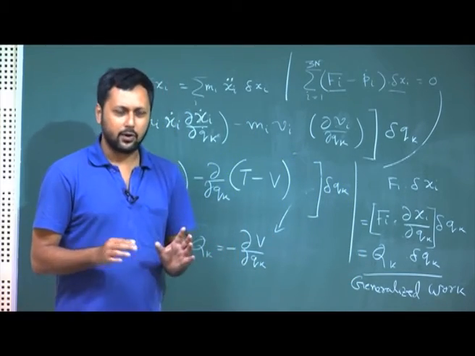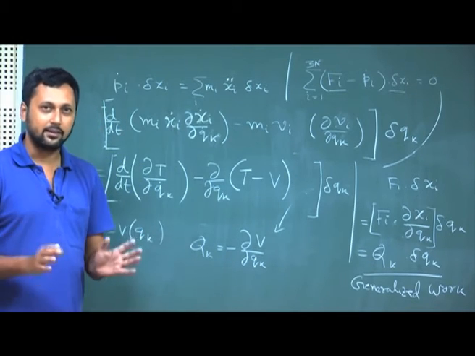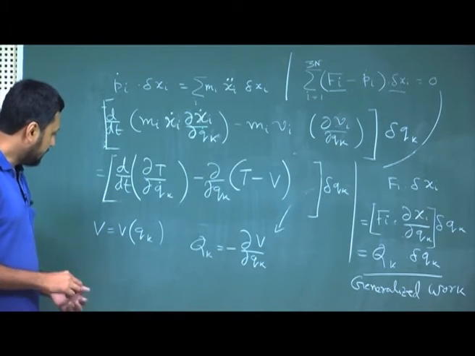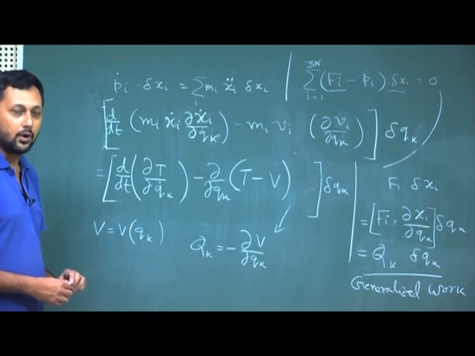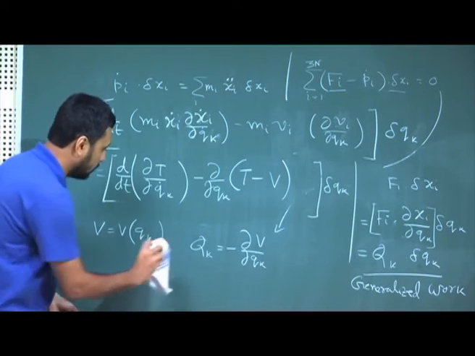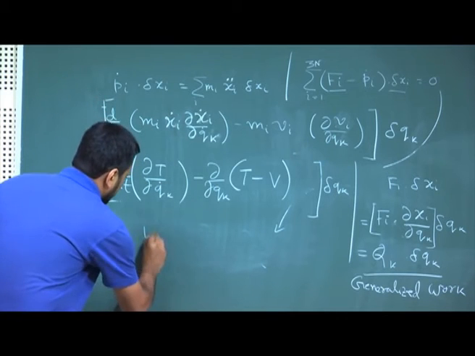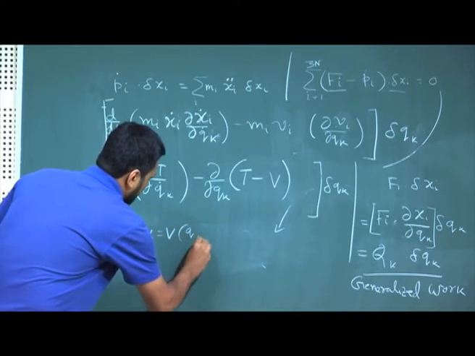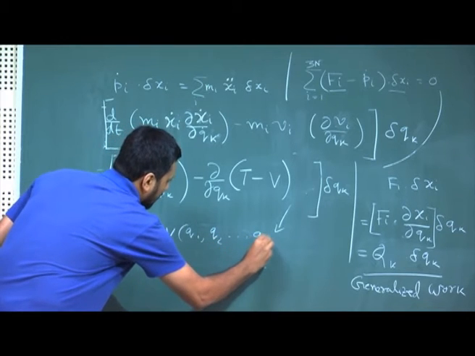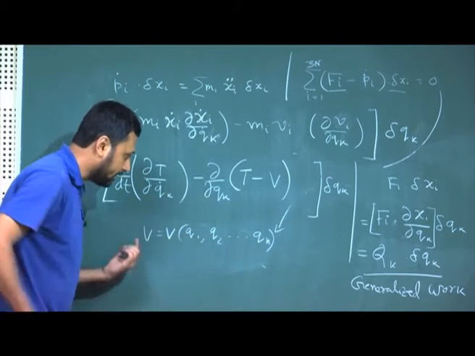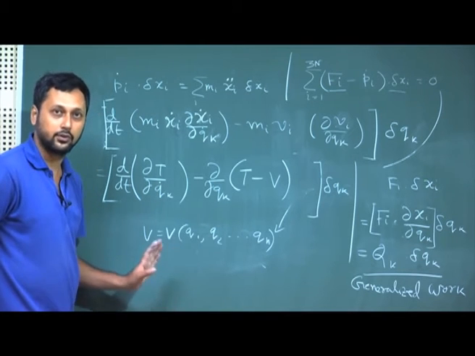But in general, for the mechanical systems we will be considering, V is typically a function of Qk only, or in general we can write V is a function of Q1, Q2, up to Qn, all the generalized coordinates, no generalized velocity involved here.